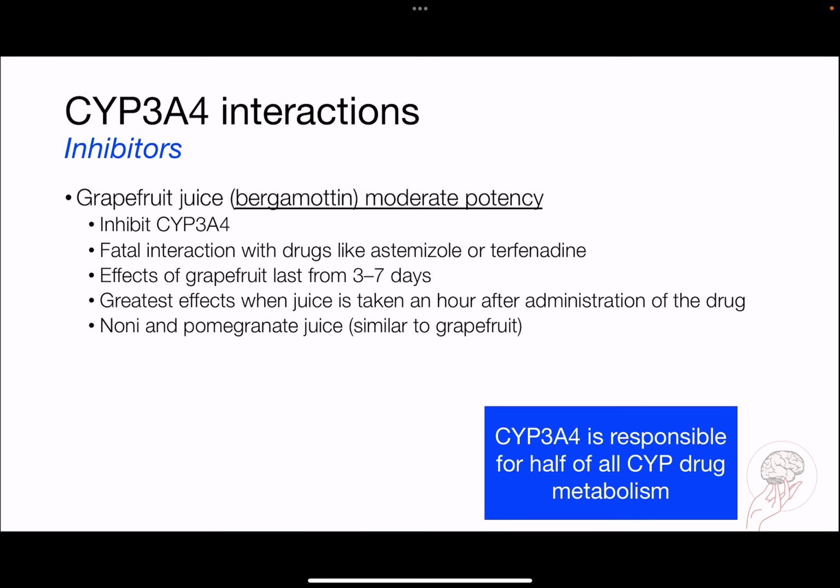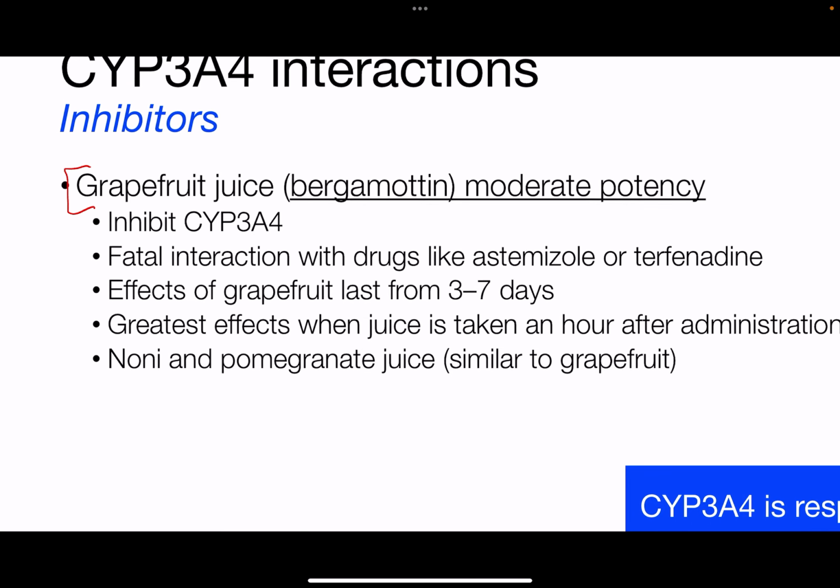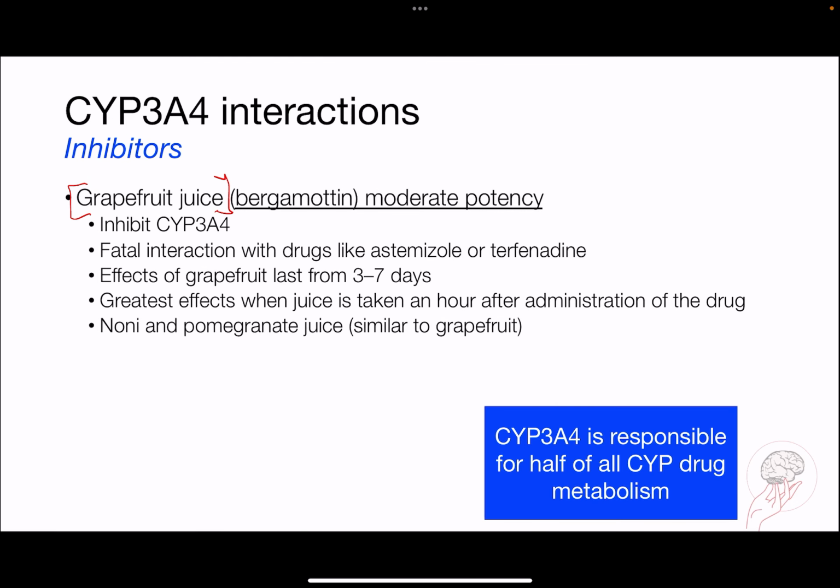So you may have been told this, or a family member has before. They start taking a medication, and the pharmacist is very specific that they cannot have any grapefruit juice. The reason for that is that grapefruit juice contains bergamottin of moderate potency, but enough to inhibit CYP3A4.